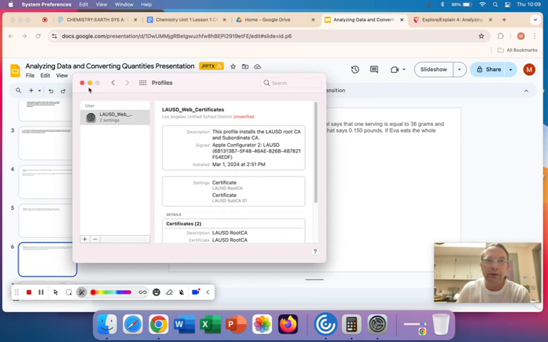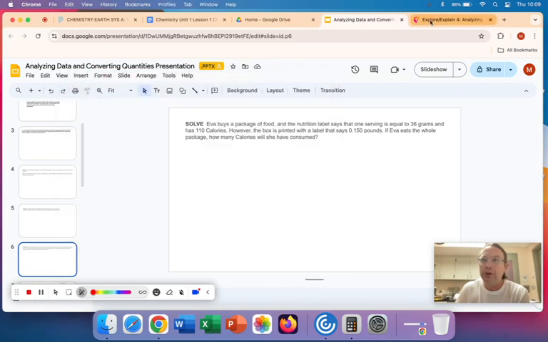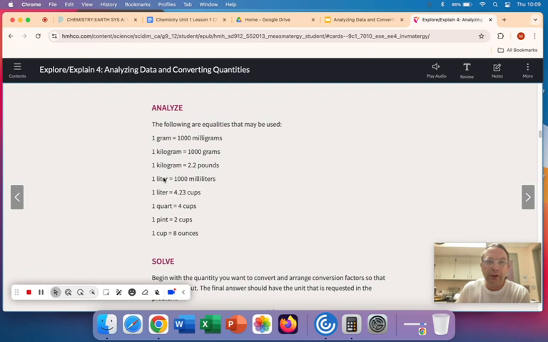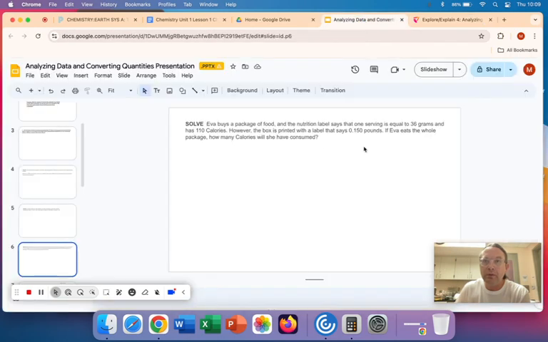Okay, so we're going to relate pounds to kilograms. 2.2 pounds per kilogram in this problem. Pounds to kilograms, and then we could relate kilograms to grams, and then grams to calories.